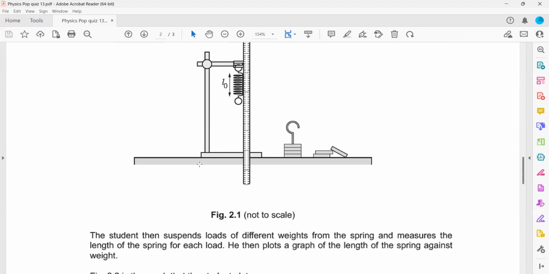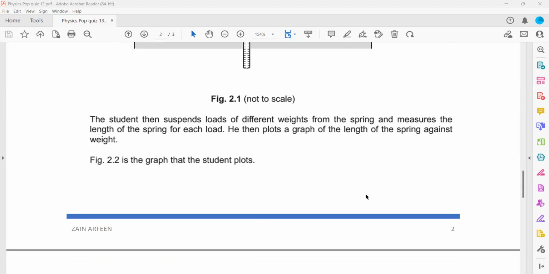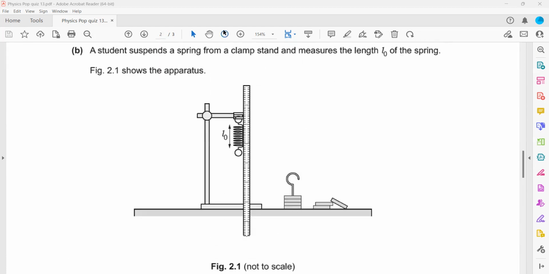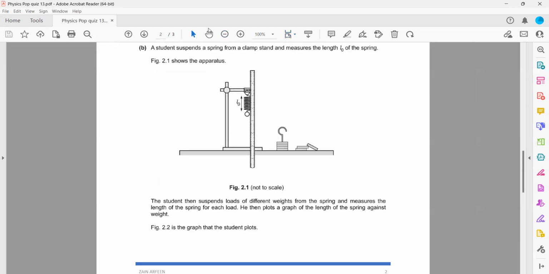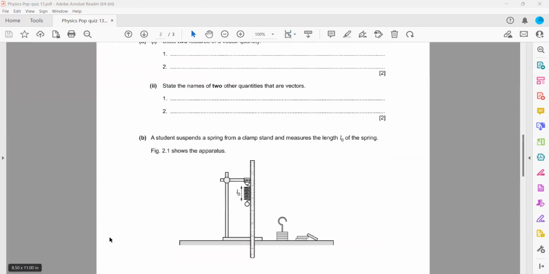The student then suspended loads of different weights on the spring and measured the length of the spring for each load, and then plotted a graph of the length of the spring against the weight. If a graph is between length and force, it will not start from the origin, because without any load there will be some length.